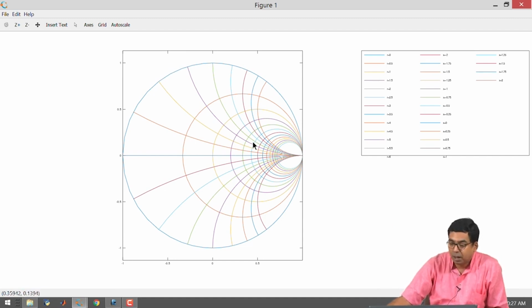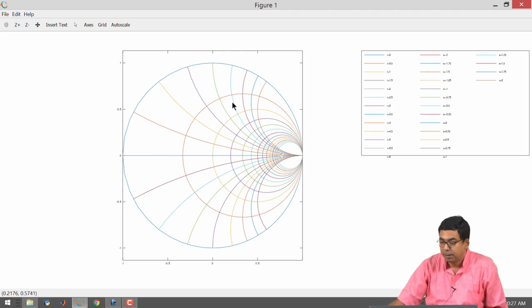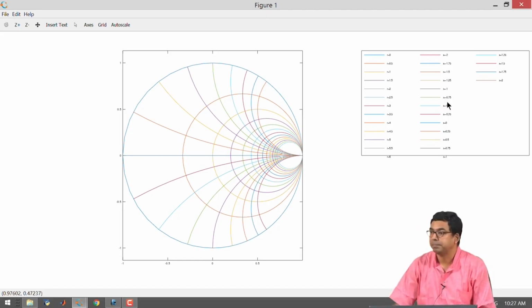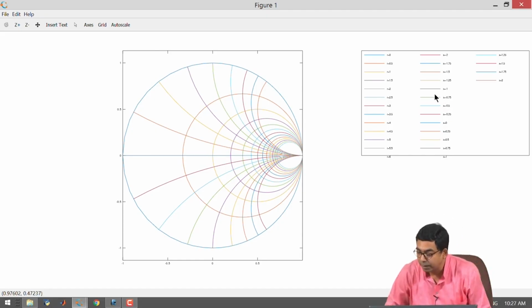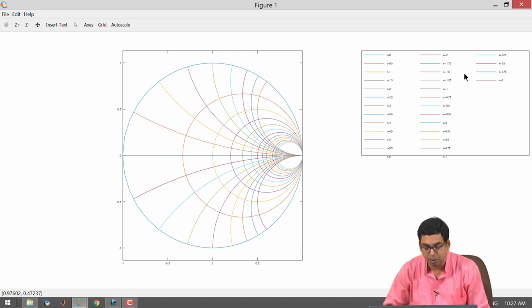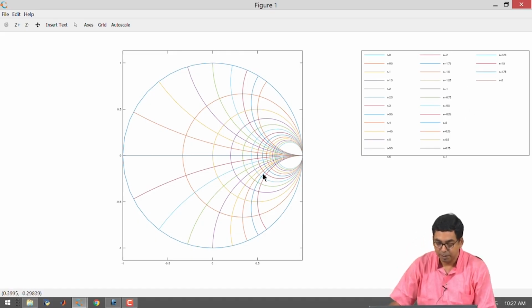Now we are having some additional plots that are coming into the picture. Each of them deals with a different value of reactance. So if you look at the legend, that is going to tell you, for example, x equal to -2 is this purple plot and x equal to +2 is this orange plot. So you can always see where is this purple plot.